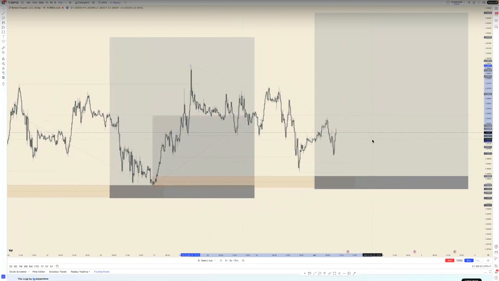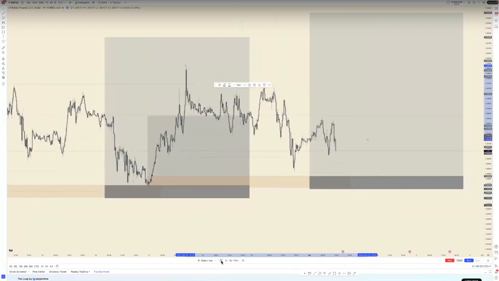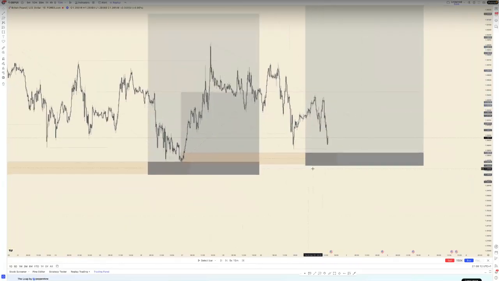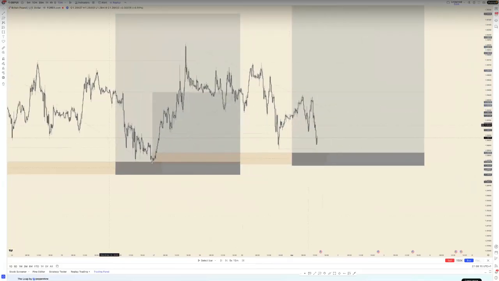I'm trying to have an idea of where the trend resistance is. Well, it's there. This is one. Now let's go to 5 minutes and find the other one.